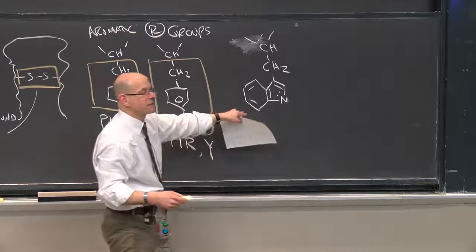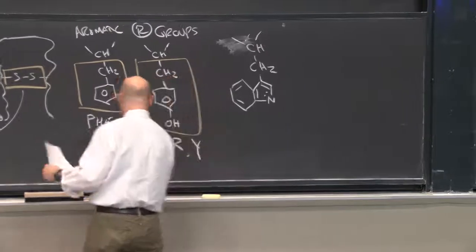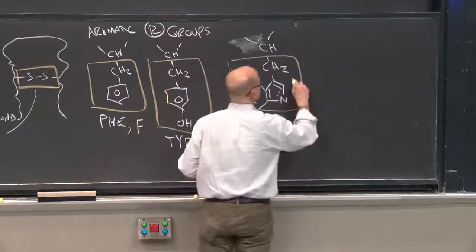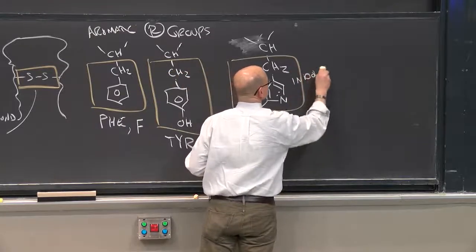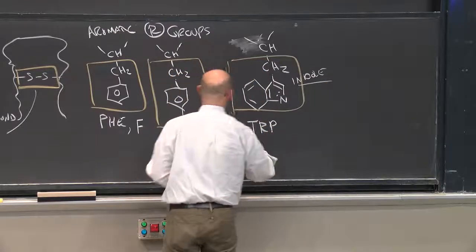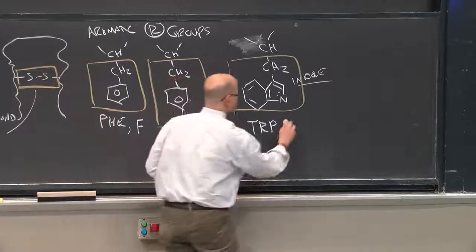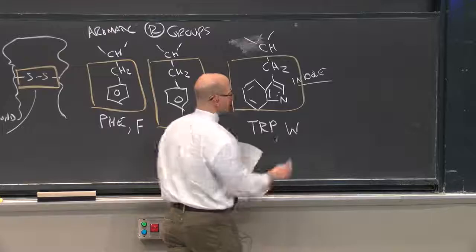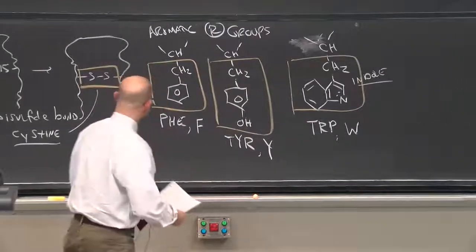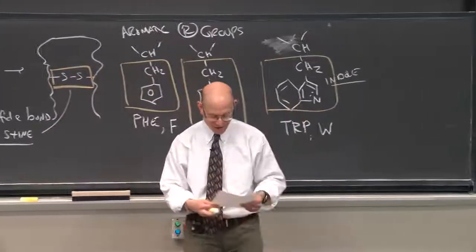And if I put this indole ring in here, you can see that here's my side chain. I have an indole ring. Okay. And this goes by the name tryptophan. Now we already used the T for threonine, so we're going to use the letter W because like Elmer Fudd, we're going to call this tryptophan, okay? So phenylalanine, tyrosine, tryptophan, okay?